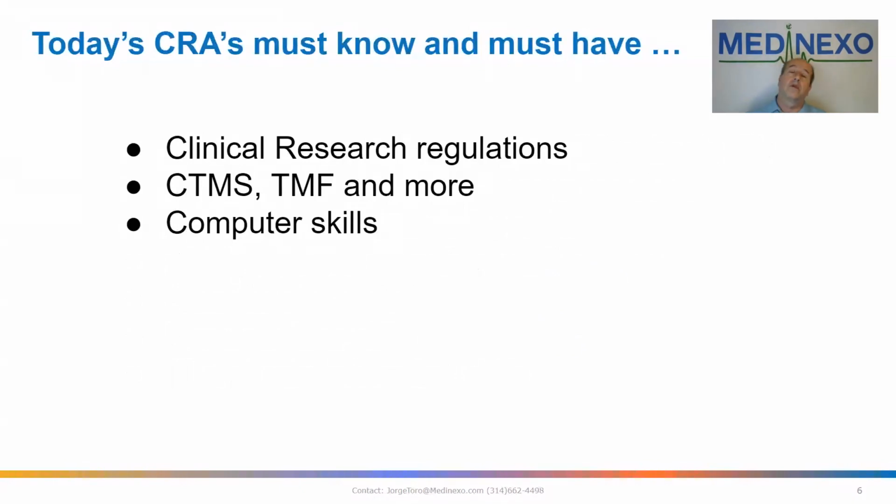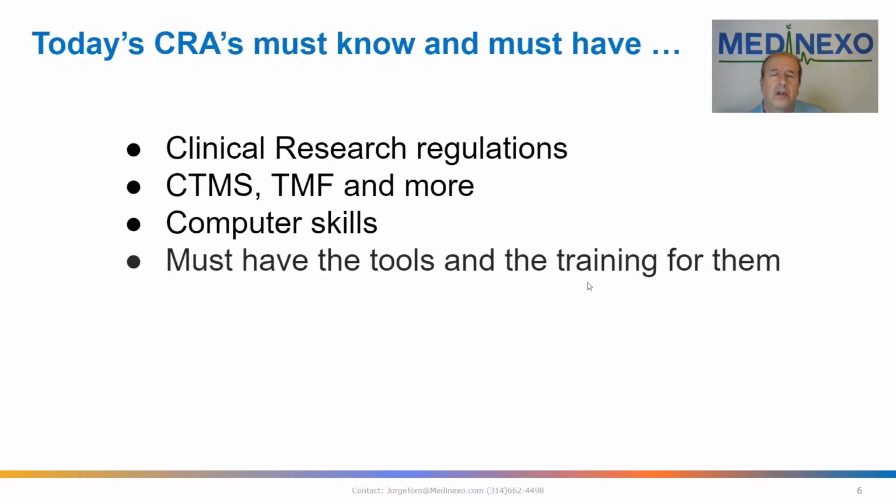And by the way, talking about computer skills, it's not just about having the skills, it's about having the tools. And this is not something for the CRA necessarily to have as much as for the site to have, but they must have the right tools. They must have the elements that are necessary for you to capture, track, and invoice the information correctly.